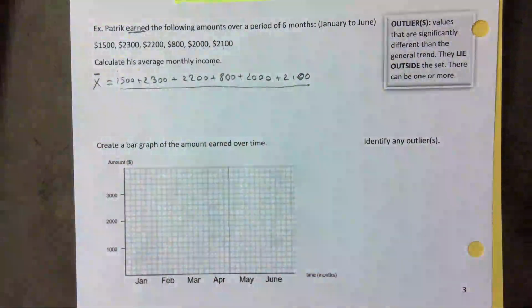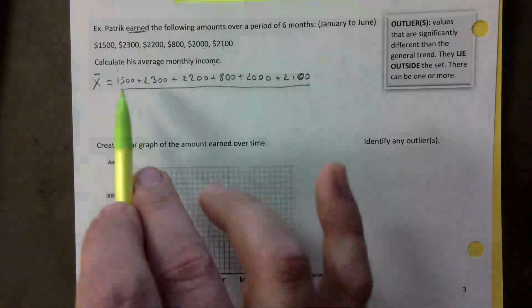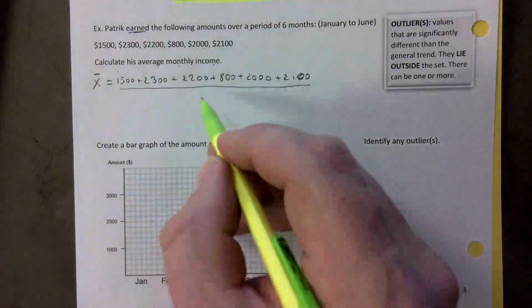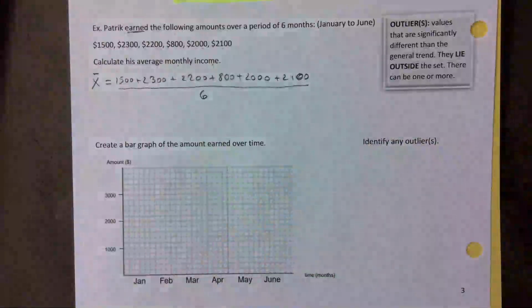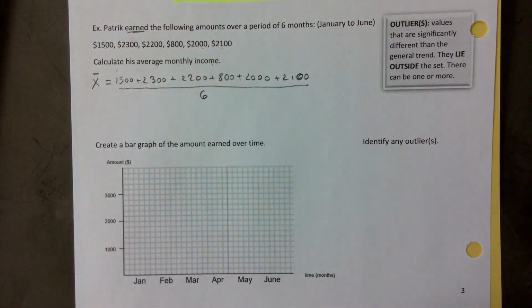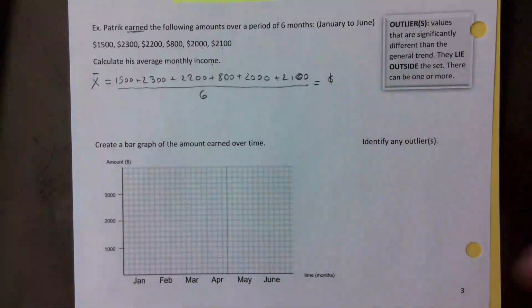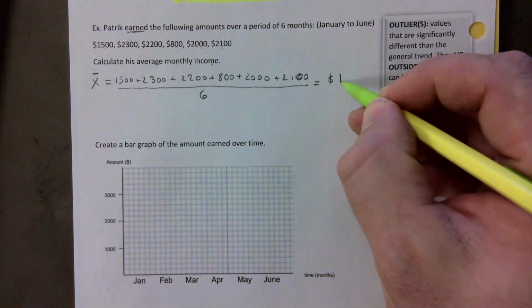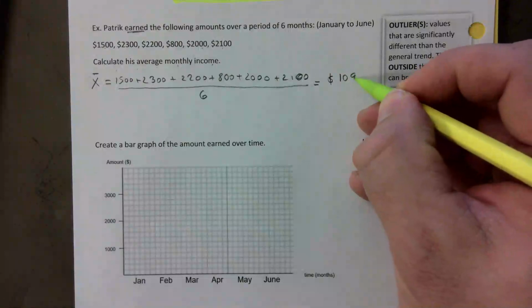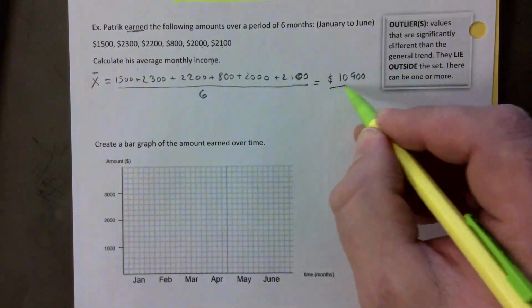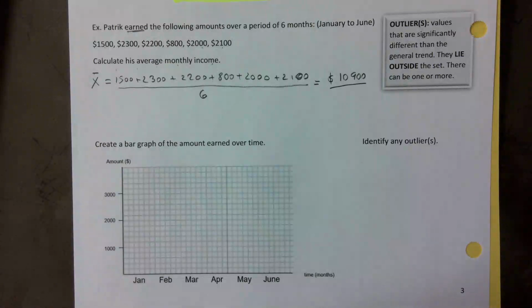How many values are we adding? 6, right? So we divide it by 6. The top number, if you add up all of those, is 10,900 over the 6 months, right?